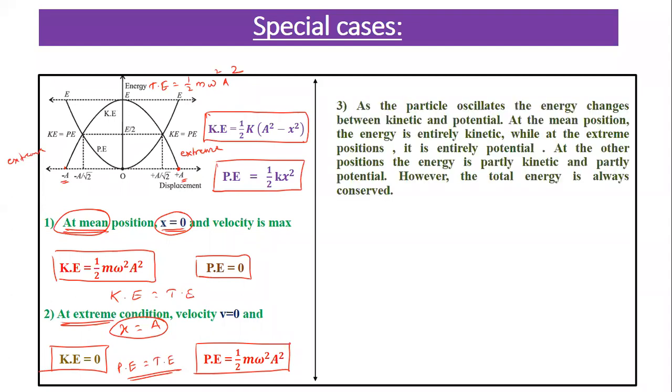Now, as the particle oscillates, energy changes between kinetic and potential. At the mean position, the energy is entirely kinetic energy. You can see here is the mean position. This blue line is the potential energy graph.